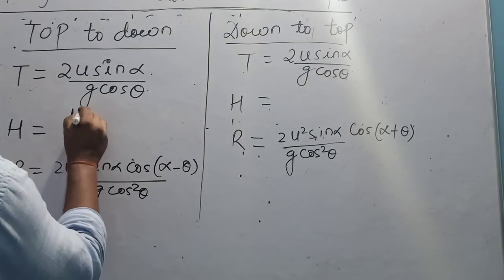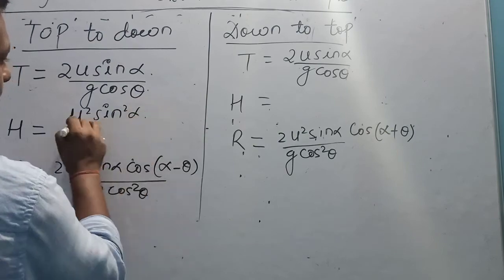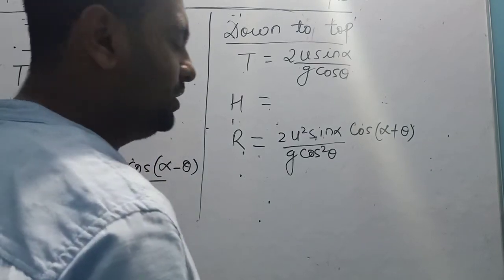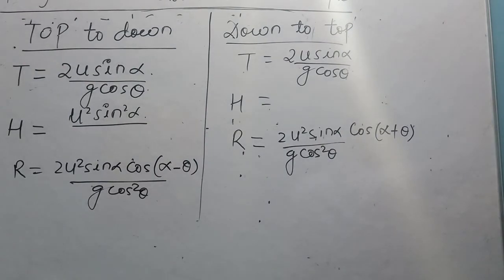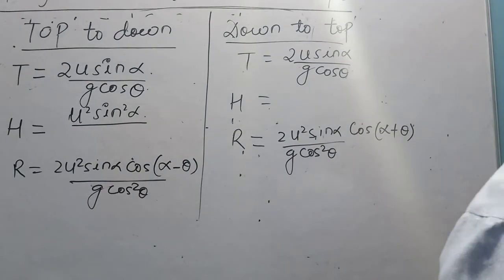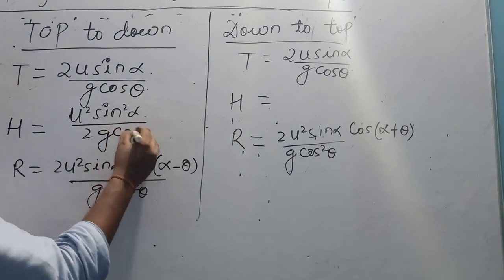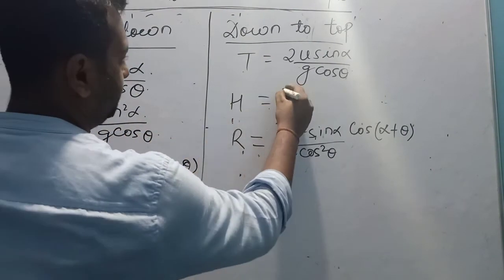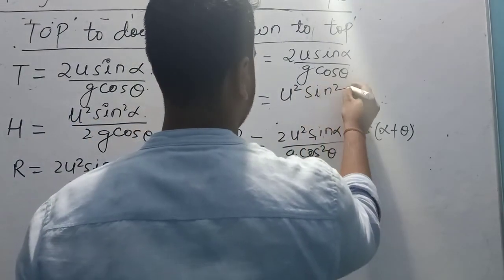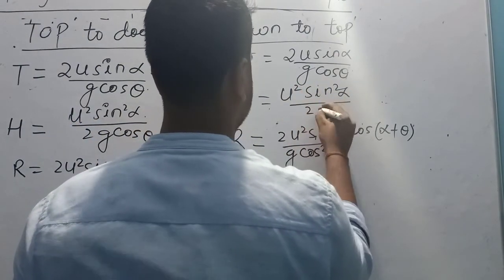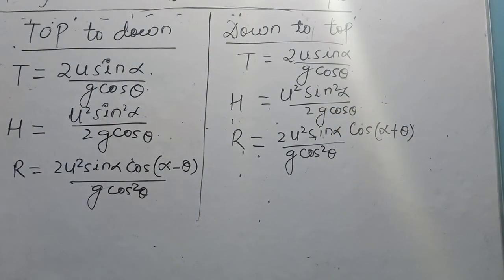Maximum height was u square sin square alpha upon 2g cos theta. These formulas we have studied.